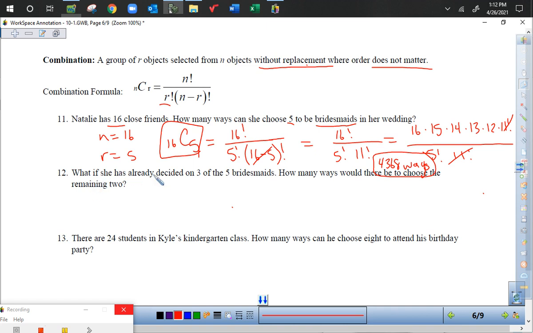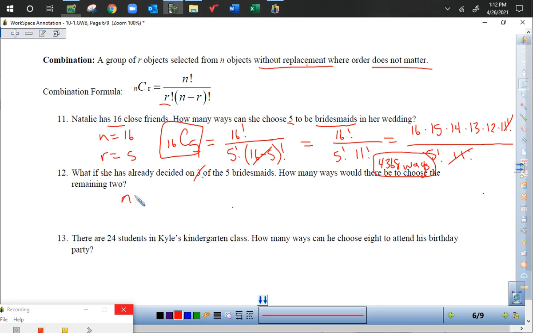The next one says, what if she already decided on 3 of the 5 bridesmaids? How many ways would there be to choose the remaining 2? Once again, it's without replacement, because we're still not going to have a bridesmaid be 2 different bridesmaids. Order doesn't matter again because they're not specific jobs. They all have the same job. We've already decided on 3 bridesmaids, so we're taking our 16 and decreasing it by 3.